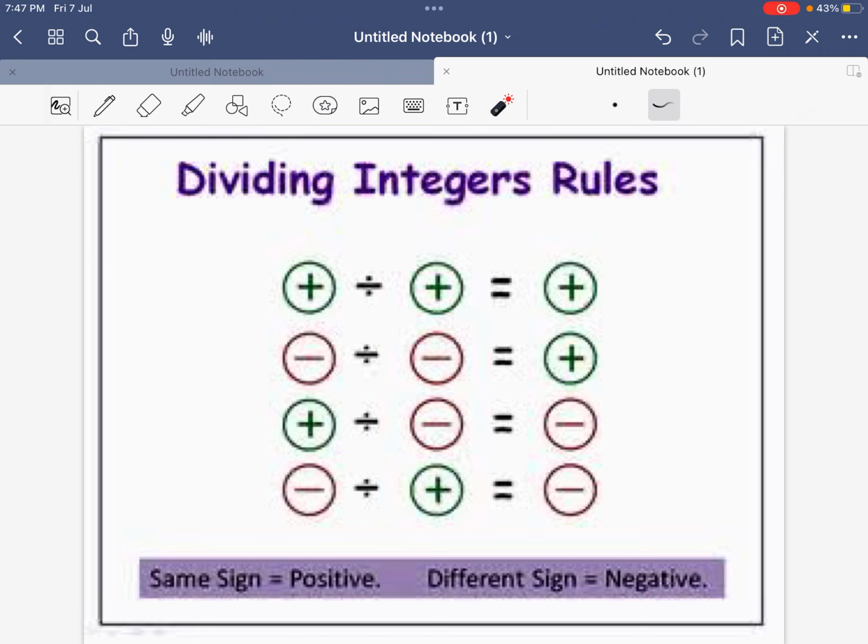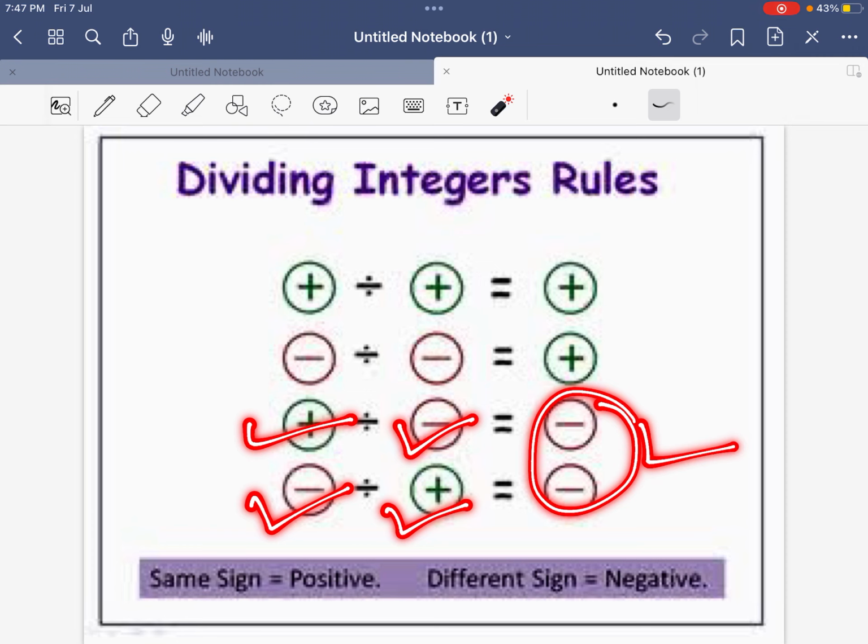So always keep in mind, if any one number is negative, just look into that. Here one is positive, one is negative. In this case, for both cases, your answer is negative.